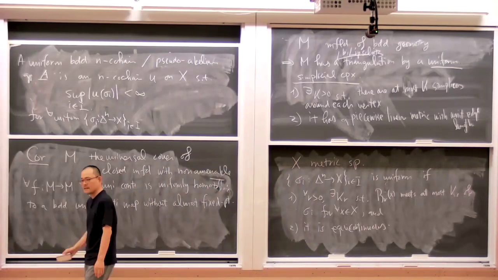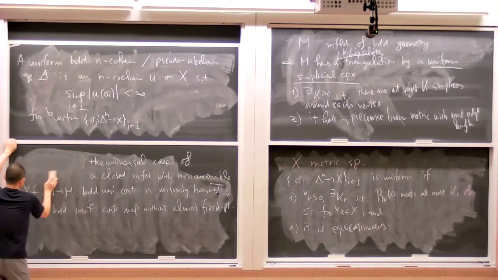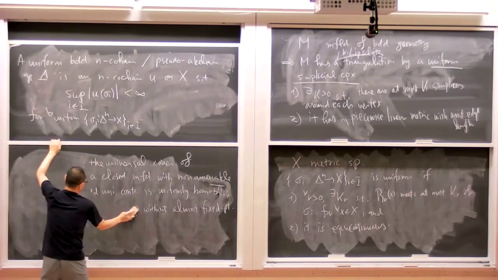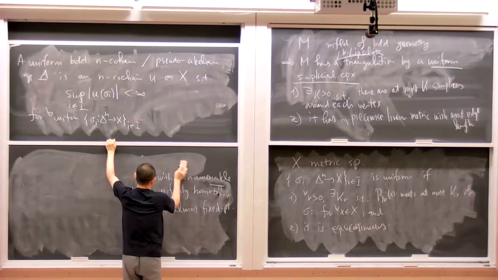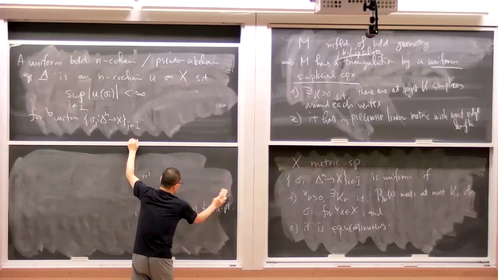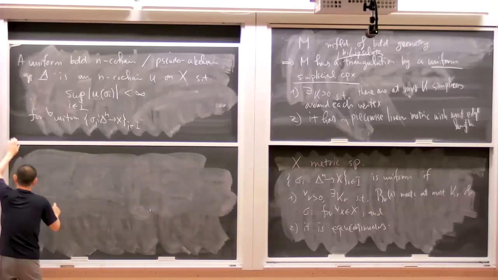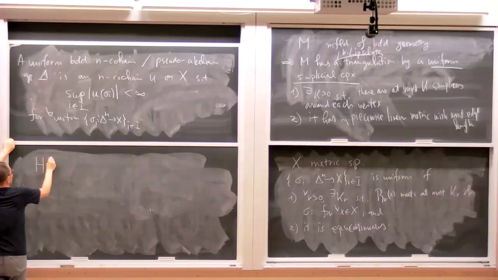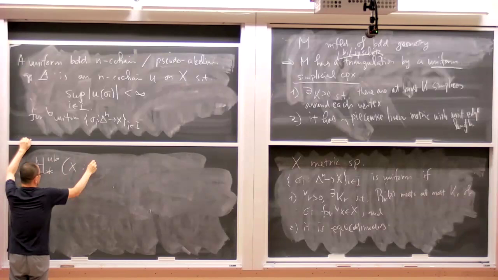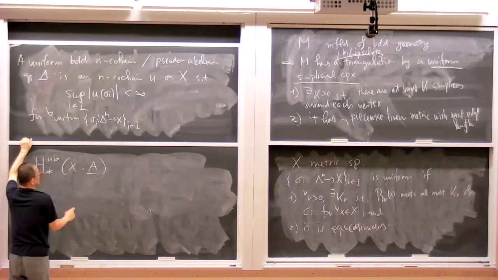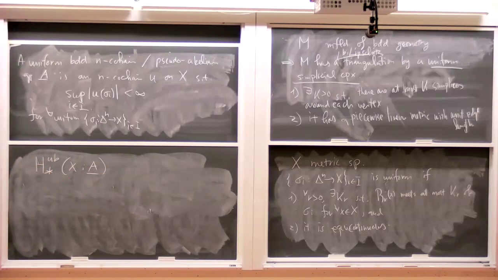So we can define its cohomology, which is nothing but the uniform bounded cochain cohomology of X with coefficients in it. Right.